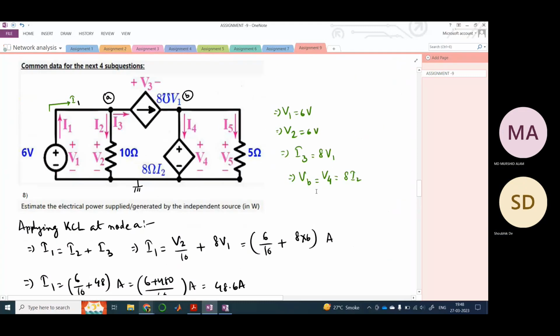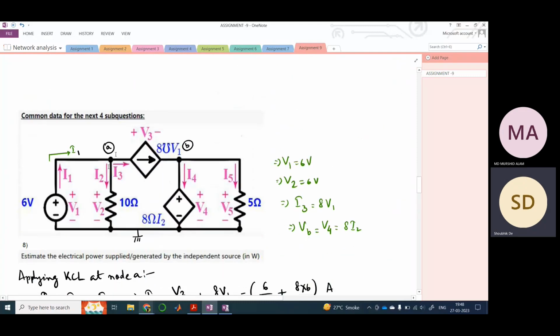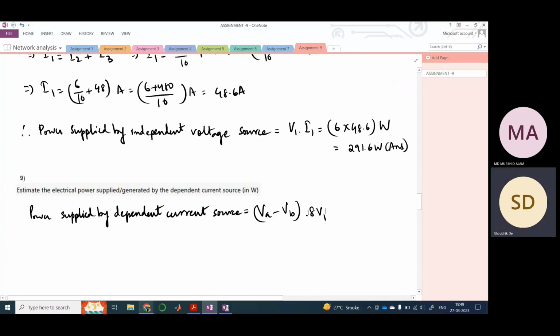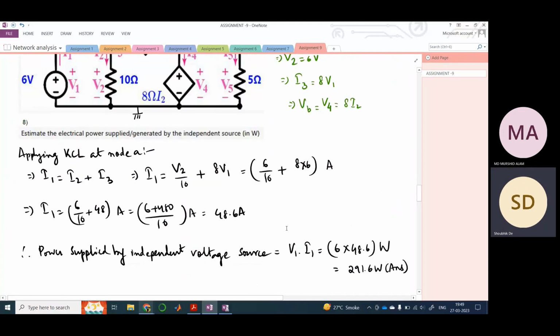This is this potential minus this potential, which gives us the potential difference between these two nodes, multiplied by the current source, which is 8V1. Simple. So now we need to just calculate VA and VB, right?